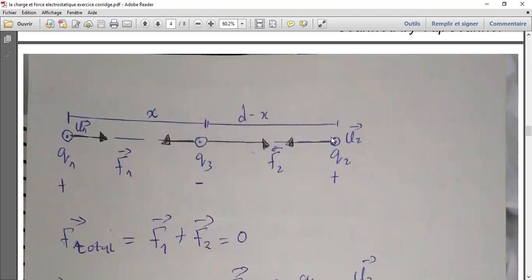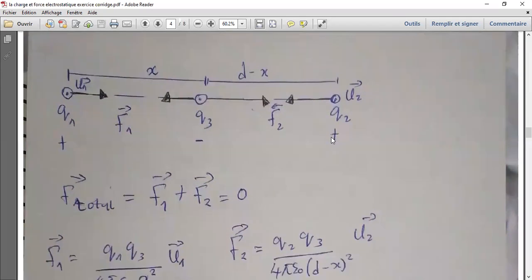I know that if U1 is positive, U2 must be negative, and if U2 is negative, U1 must be positive. The positive and the negative just show the opposite of these two vectors.